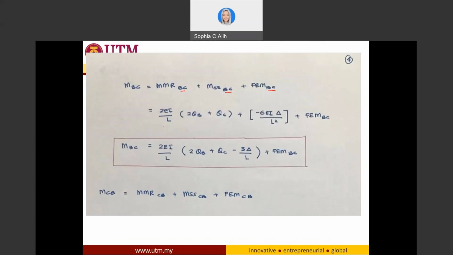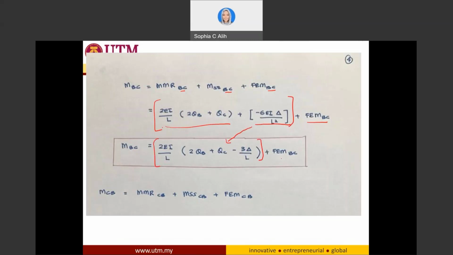So this is the first one, the moment due to member rotation of BC, and I have another one due to support settlement of BC and the fixed end moment of BC. For these, I can simplify the equation until it goes to this one.